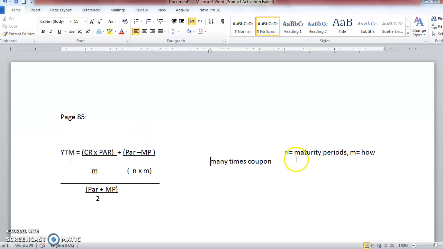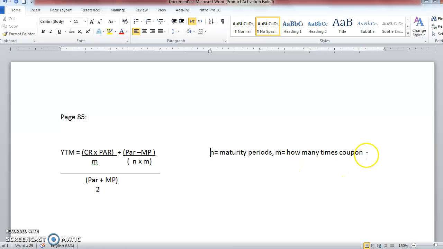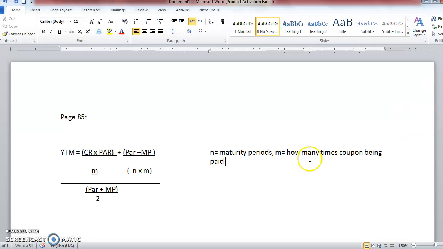I think I'm going to use the Jamboard, it's better for me to write on the board, but maybe next time. How many times the coupon rate is being paid, so that is M.